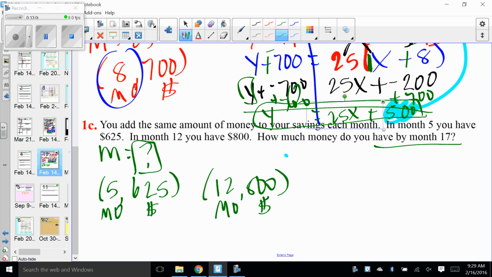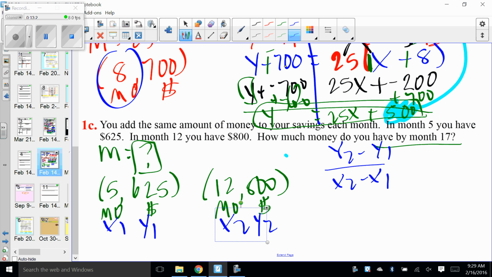Okay, so we're talking about point slope in this problem. So we would go ahead and find the slope first. So we would say x1, y1, x2, y2. So we're saying y2 minus y1 divided by x2 minus x1. So our slope then, y2 is 800 minus 625.